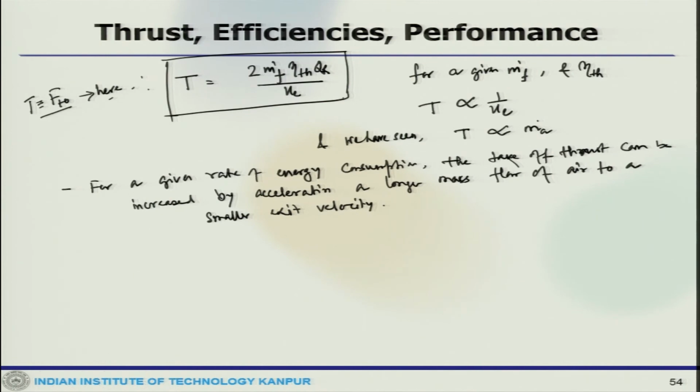So, this is very important: for a given rate of energy consumption, the takeoff thrust can be increased by accelerating a larger mass flow rate of air to a smaller exit velocity.